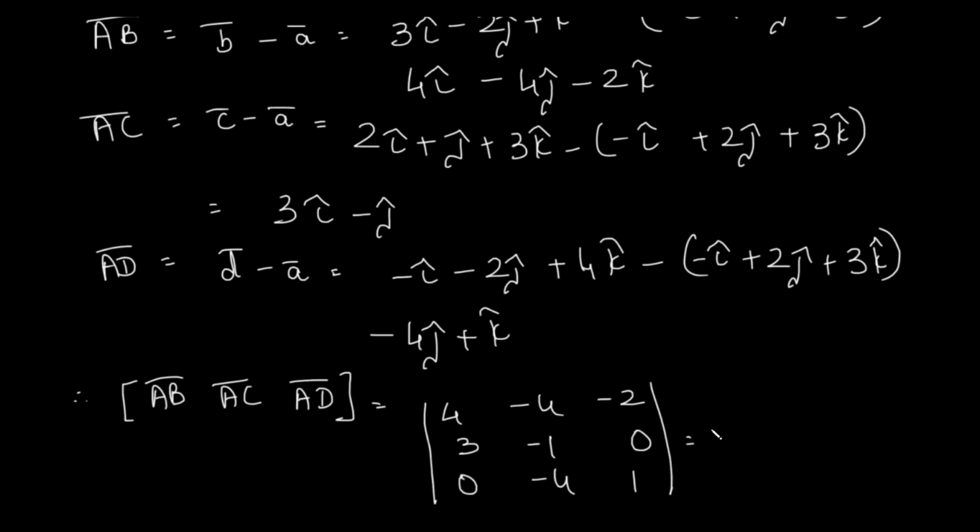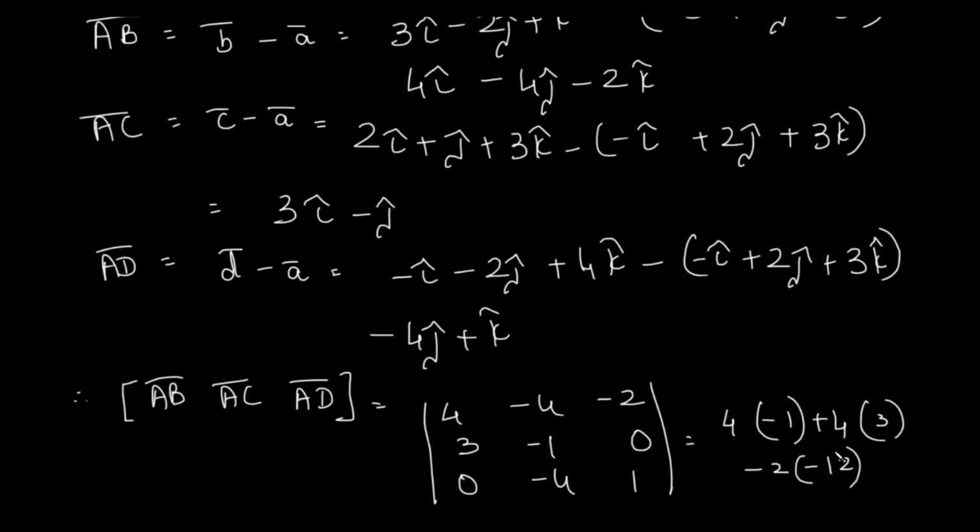Upon solving it, let me solve it directly. 4 into minus 1, minus and minus plus 4 into 3 minus 0, which is 3. And minus 2 into minus 12. 3 fours are minus 12.